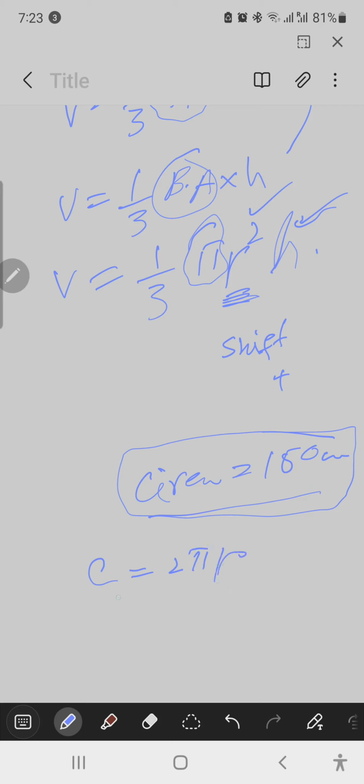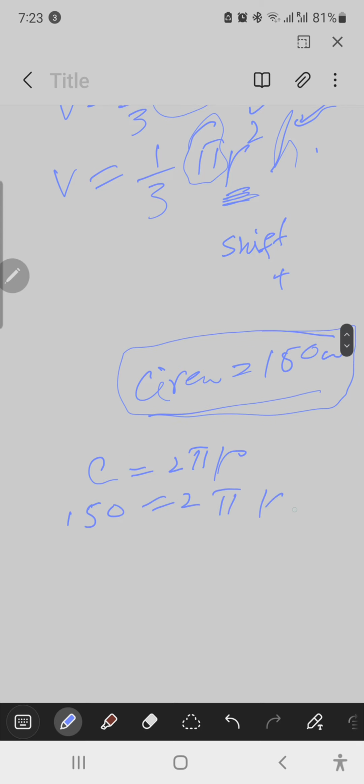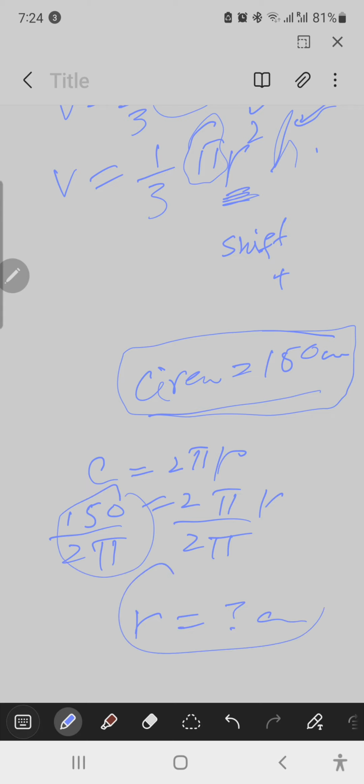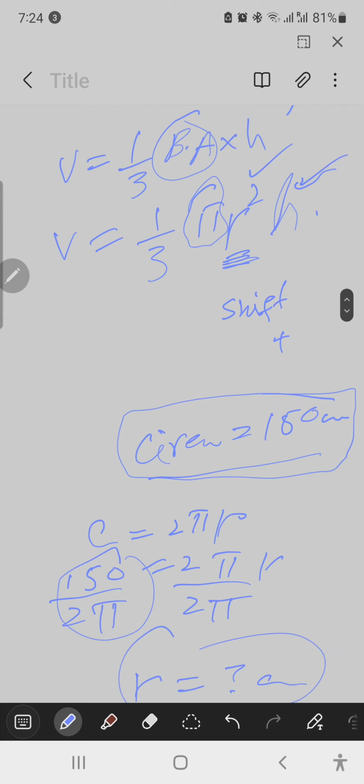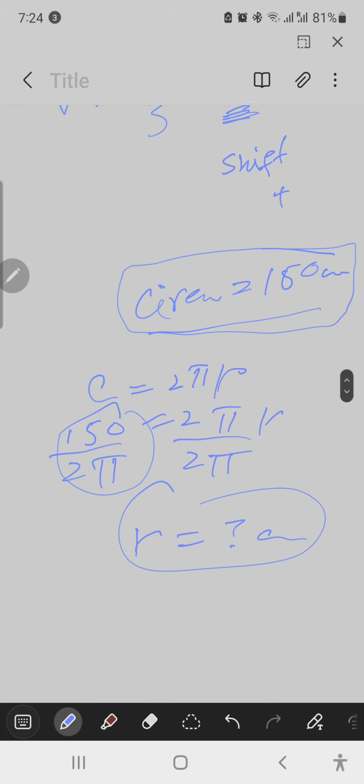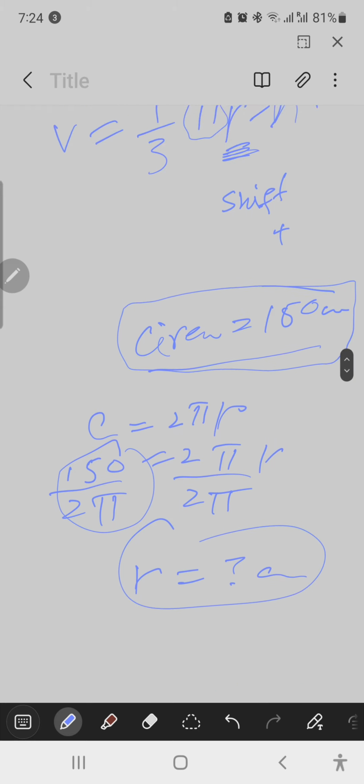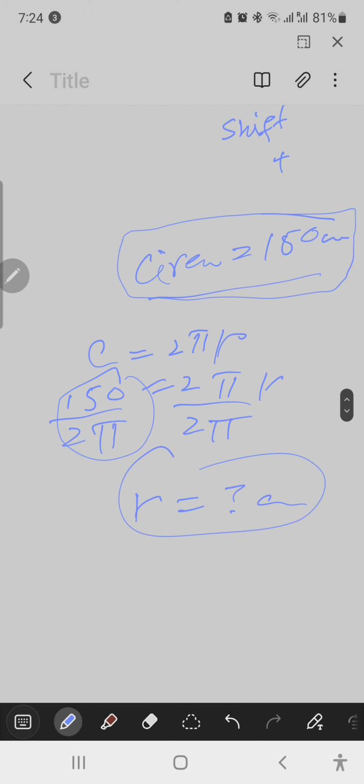So the circumference is 150, so 150 is equal to 2 pi r. From this you can find the r value easily, divide by 2 pi both sides. R is equal to, you calculate this, and so you get r. So just put r in the formula, you will get the volume, and h may be given. So accordingly, in some parts they give the circumference.